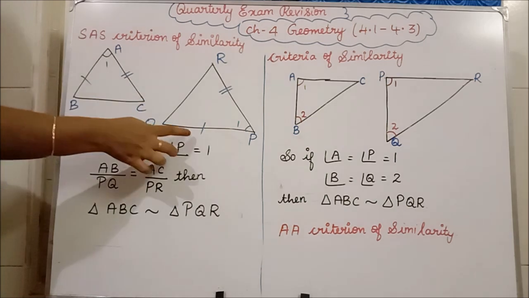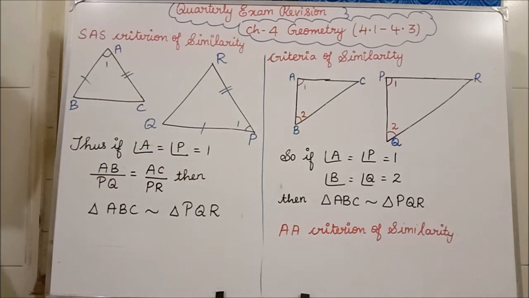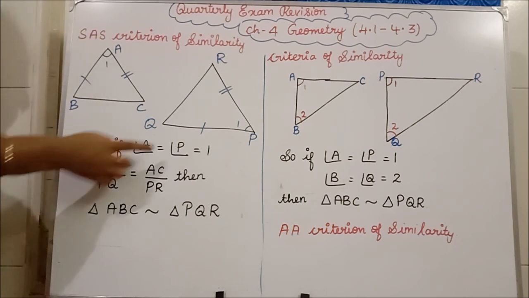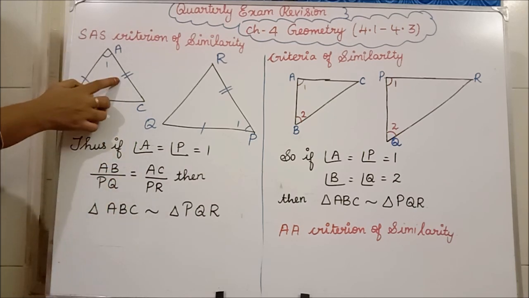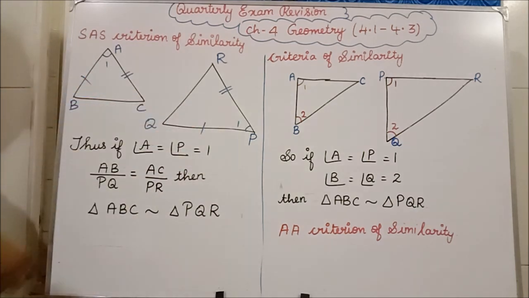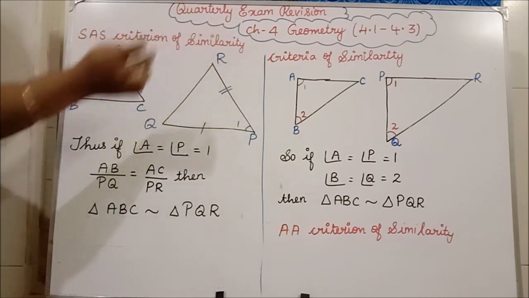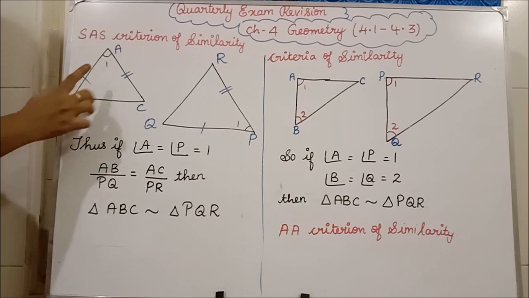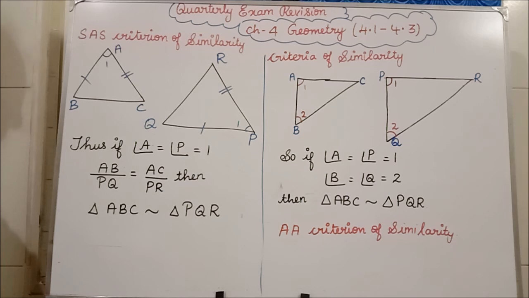These two sides are equal, and if equal you have to write it in proportional form. So AB divided by PQ is equal to another, here also double line, here also double line, so AC divided by PR. So by SAS criterion we can say that triangle ABC is similar to triangle PQR. Clear all of you?